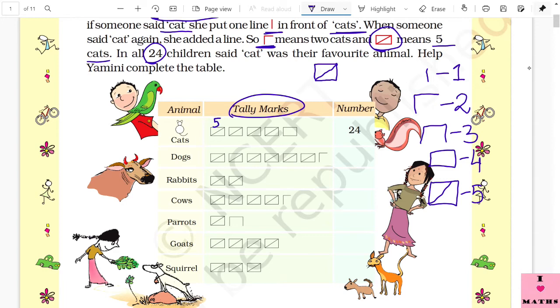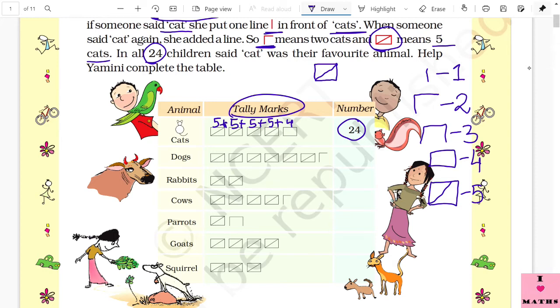Now, how many children said that cat was their favorite animal? 5 children. Then these are another 5 children, another 5 children, another 5 children, and these are 4 children. So 5 plus 5 is 10. Plus 5 is 15. Plus 5 is 20. Plus 4 is 24.